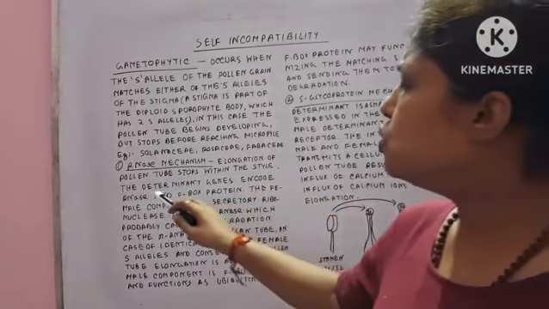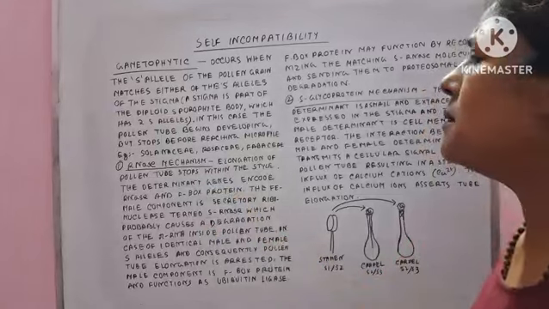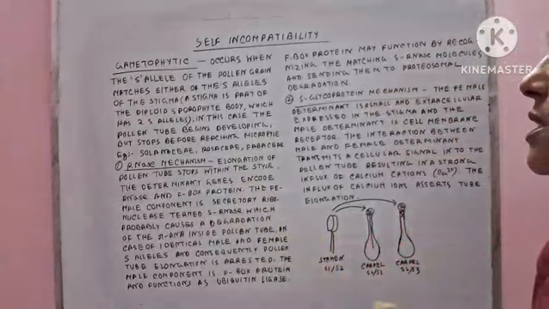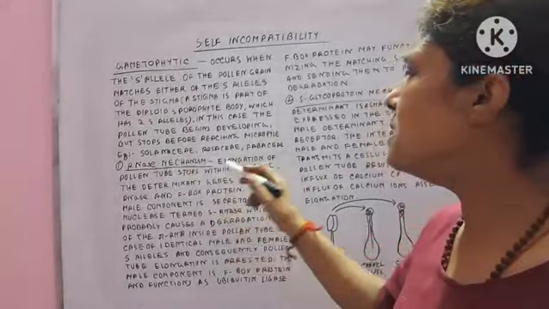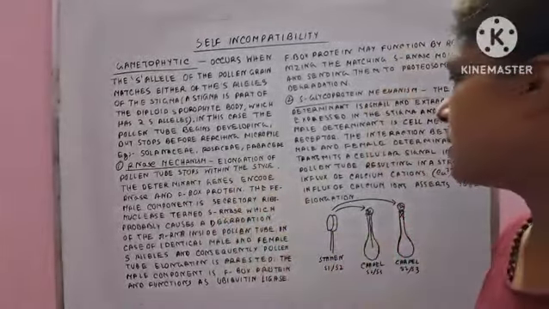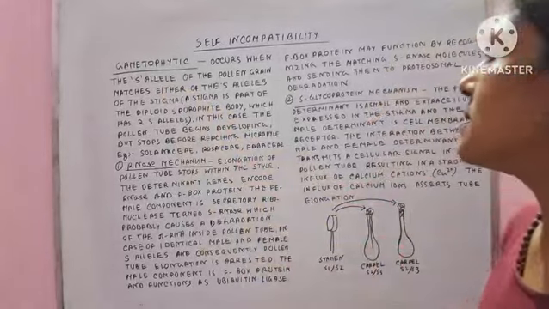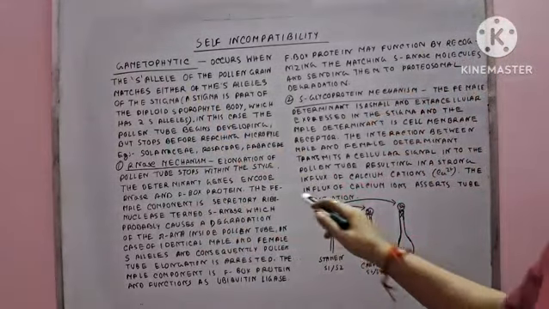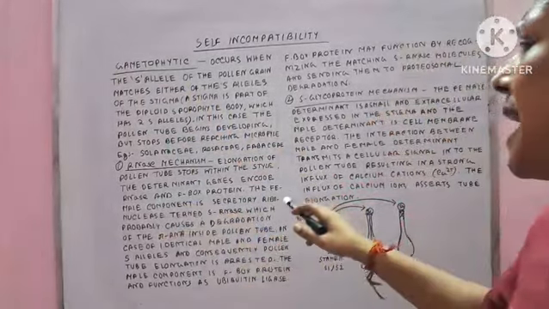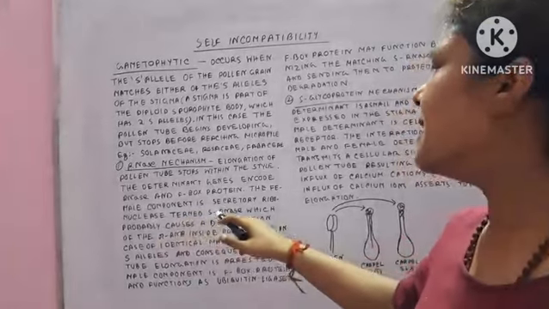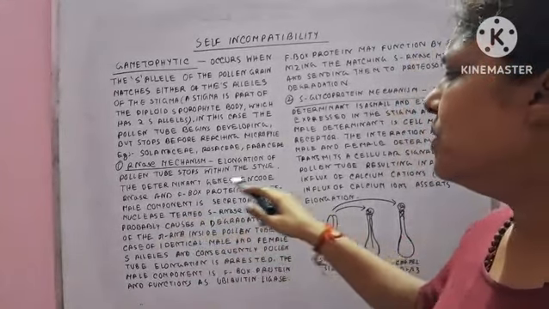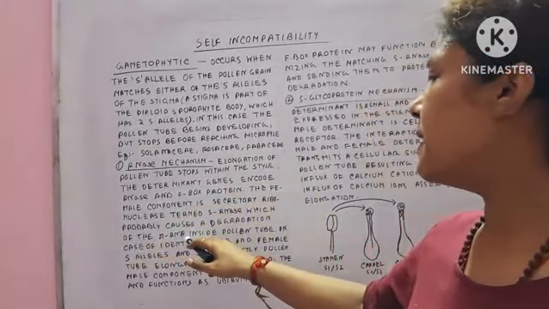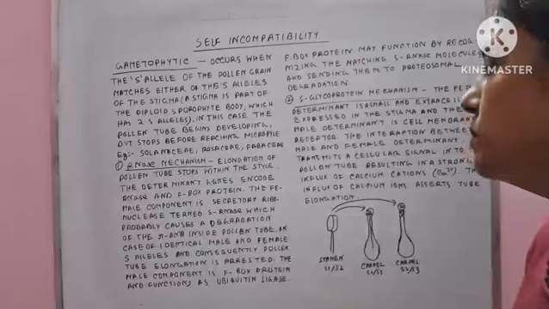Two important factors are needed at the S locus, and the female component is the ribonuclease, the S RNase, which probably causes degradation of the rRNA inside the pollen tube.